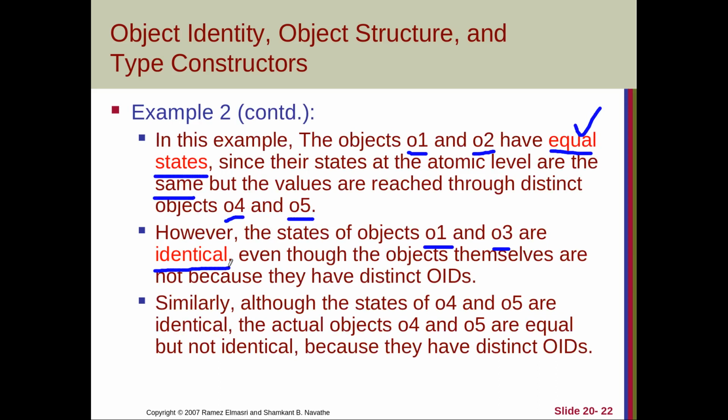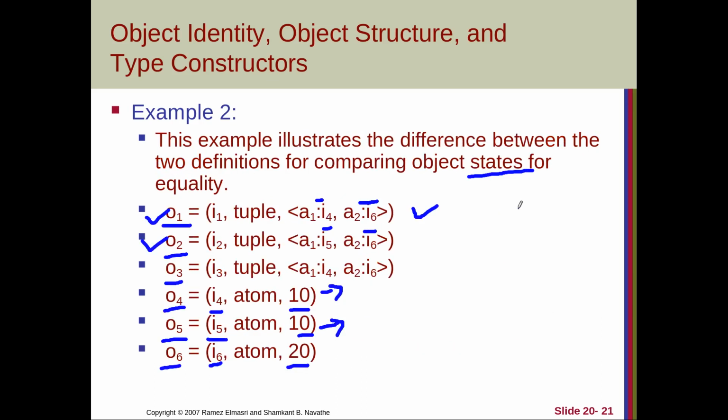They are identical because they follow the same object IDs for getting the tuple value for these two objects O1 and O3.